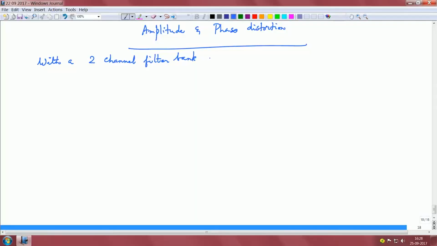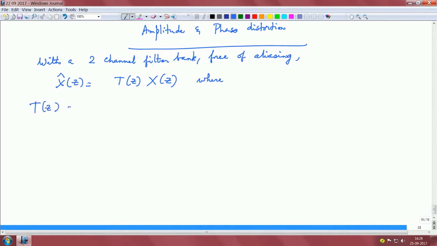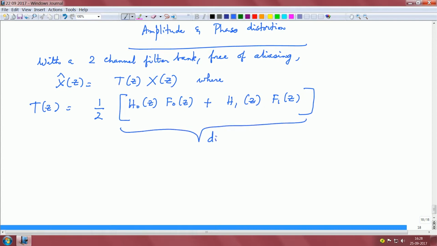Now, with a 2 channel filter bank free of aliasing, we can write x hat of z to be some T of z times X of z, where T of z is this transfer function given by 1/2 [H0 of z F0 of z plus H1 of z F1 of z], and this is called the distortion transfer function.